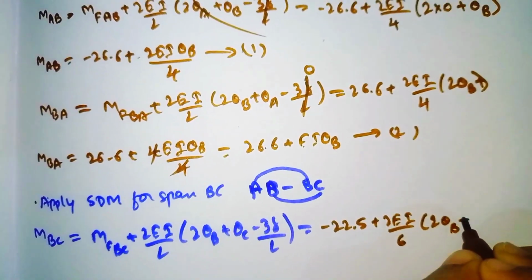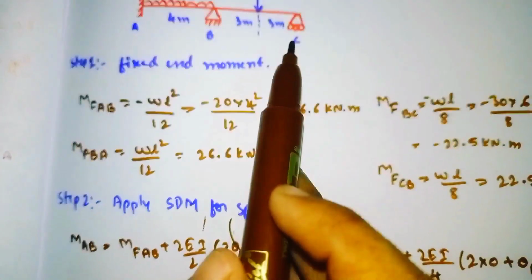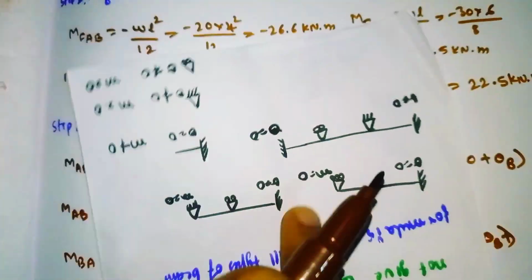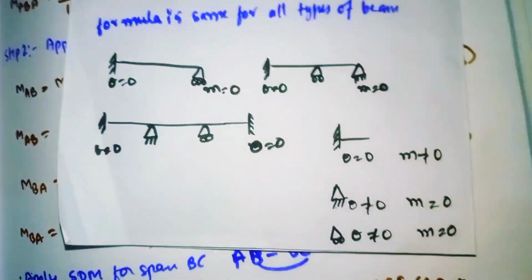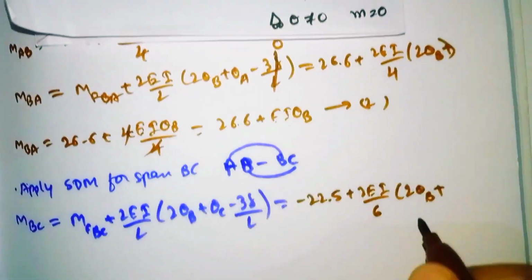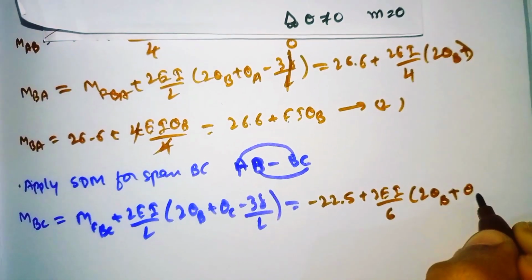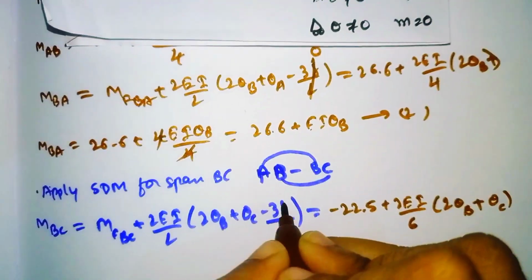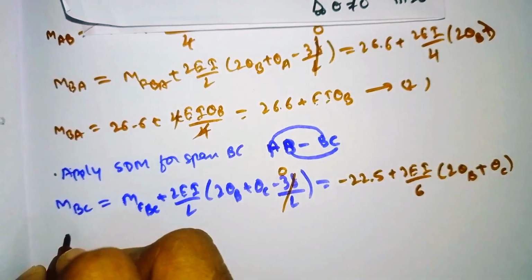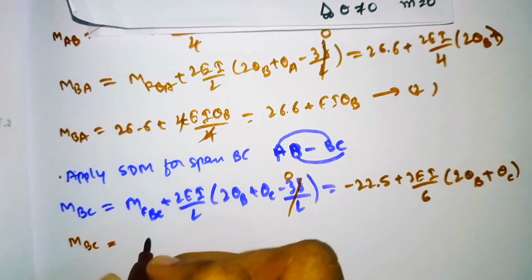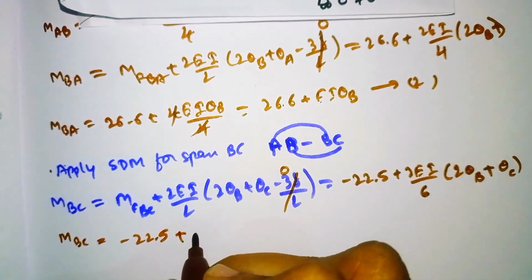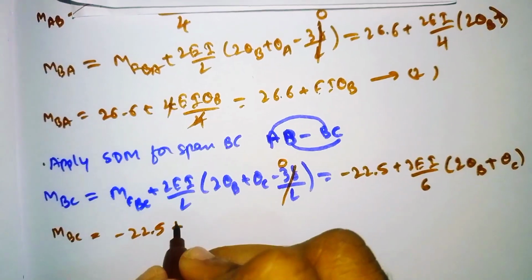Theta B plus theta C, C is also a roller, so the roller also has some theta value. Theta is not equal to 0 here. So theta C as it is. Delta becomes 0.